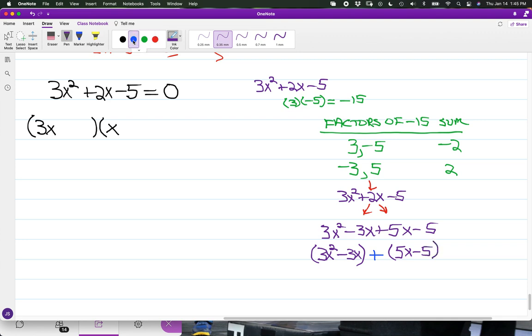The greatest common factor of 3x squared minus 3x is 3x, and dividing out leaves x minus 1. Bring down the plus. The greatest common factor of 5x minus 5 is 5, times the quantity x minus 1. So for the factorization, we have x minus 1 as well as the quantity 3x plus 5.